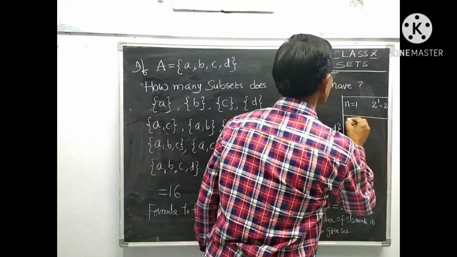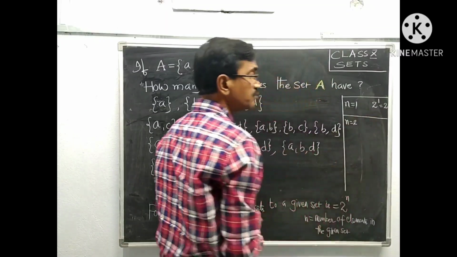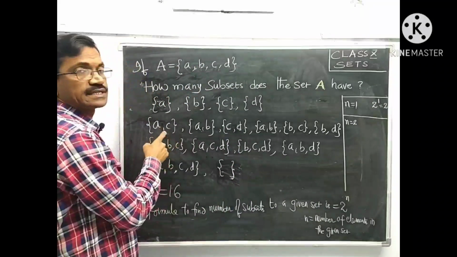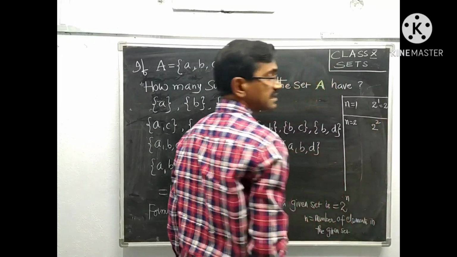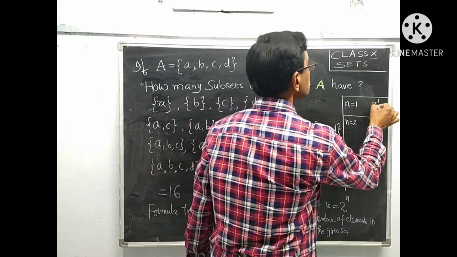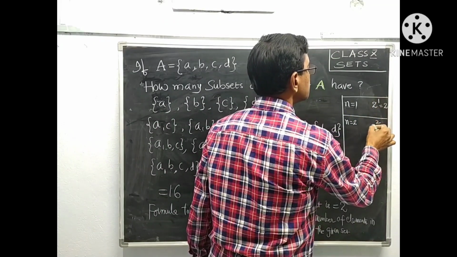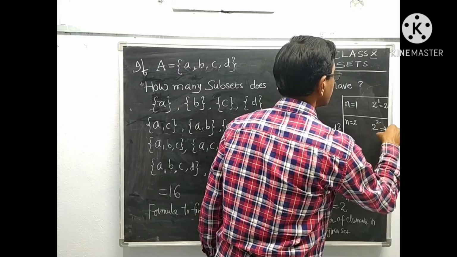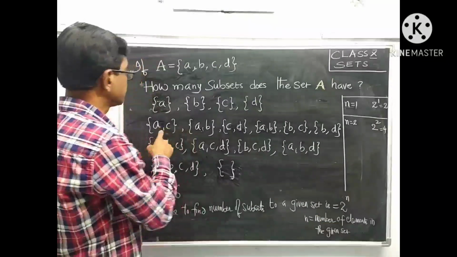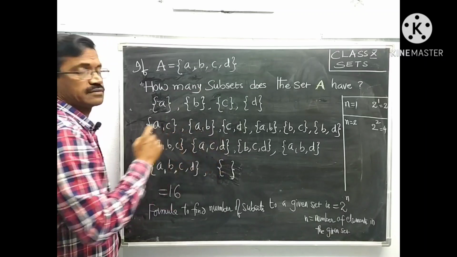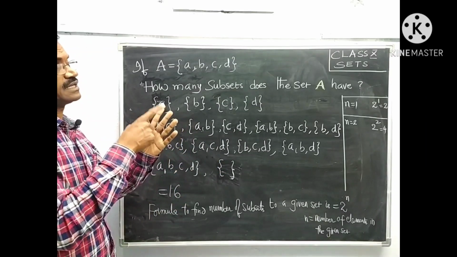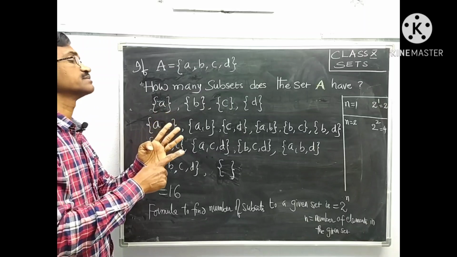If n is equal to 2, if there are 2 elements like A and C, we can write 2 squared subsets. 2 to the power of n, that is 2 squared, means 4. We can write 4 subsets for this set: A, C, A comma C, and phi.